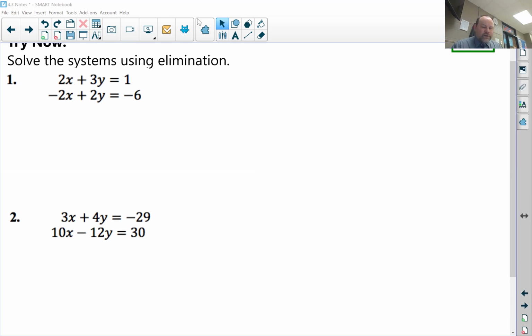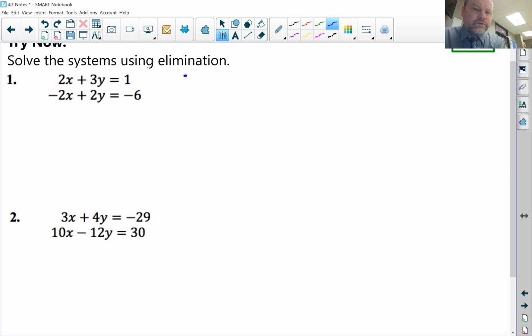All right. So for problem 1 here, I got a solution of 2, -1. Is there anyone that would like to see that one worked out?